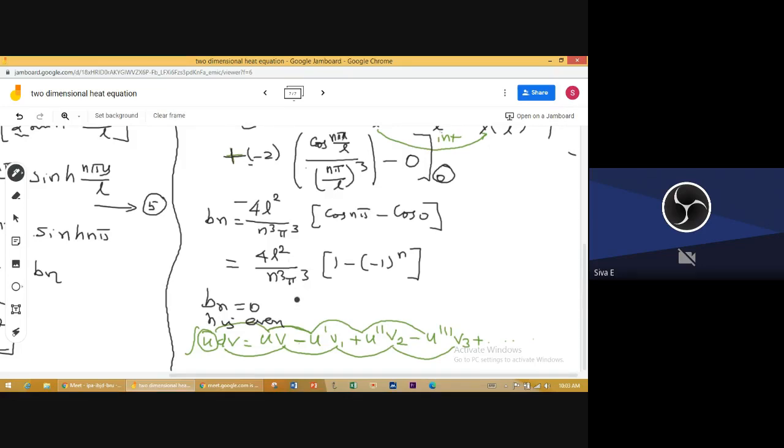When n is odd, bn equals 8l square by n cube pi cube.